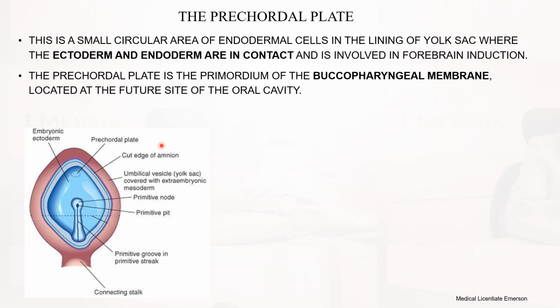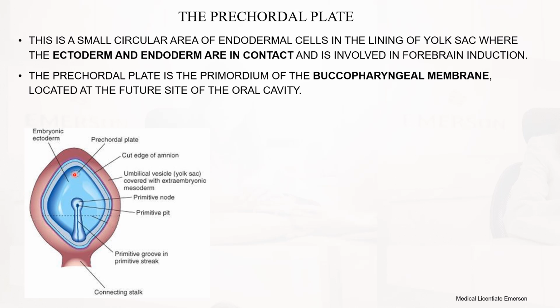So remember, we have the precaudal plate. This part, that's the precaudal plate. This is actually just a small circular area of endodermal cells in the lining of the yolk sac, where we have the ectoderm and the endoderm in contact, and it is involved in the forebrain induction.